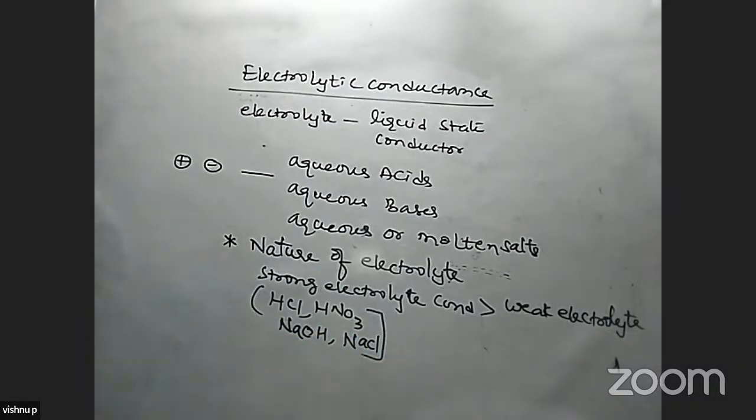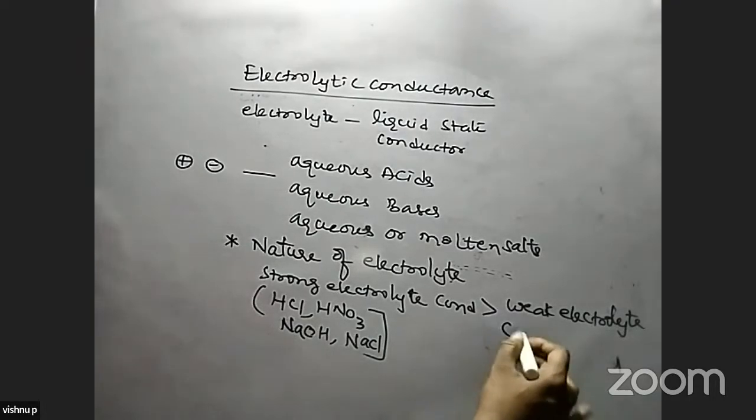We know that 1A group and 2A group metals form strong bases, and 5A, 6A, 7A group non-metals form strong acids. They are easily dissociated into ions and show more conductivity.